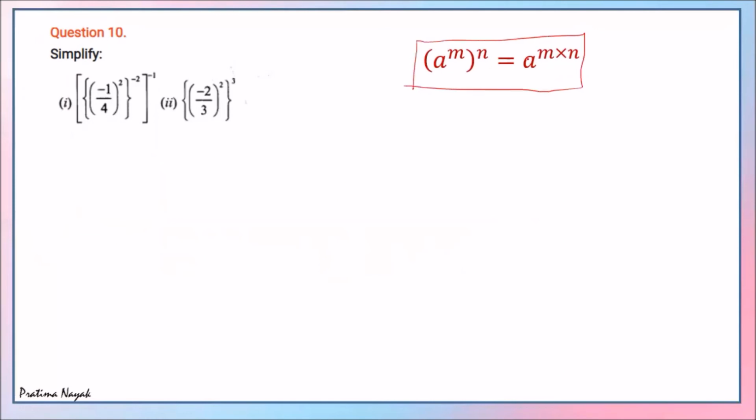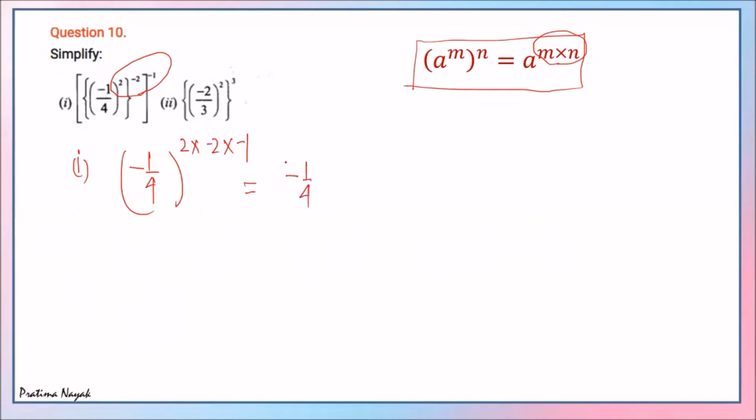Power of a power is the powers multiplied. So here we'll multiply all the powers together. It seems to be very complicated, but it is very easy if you know this rule. All the powers I will multiply. So (-1/4) to the power, I'll multiply 2 into -2 into -1. So how much will it be?